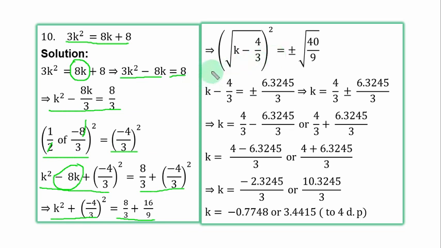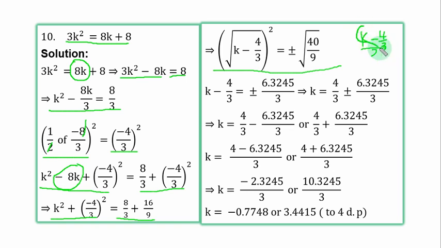So this place is 2 steps in 1. You combine the squares. When you combine the squares, you are going to have k first, then plus and minus 4 becomes minus 4 all over 3.